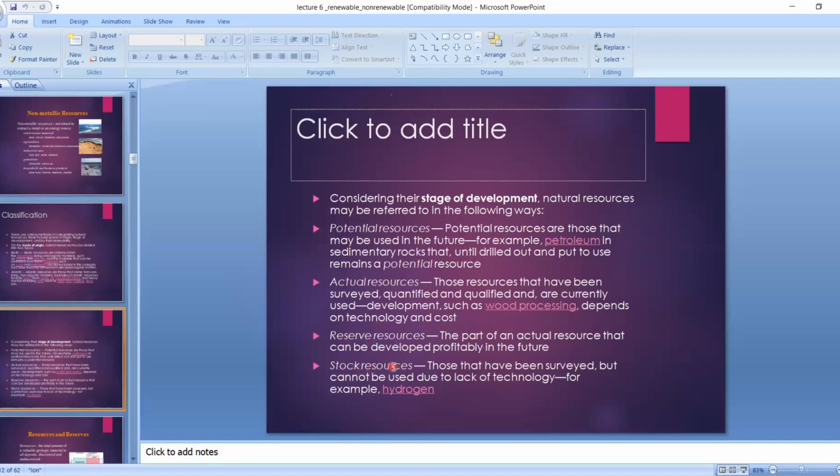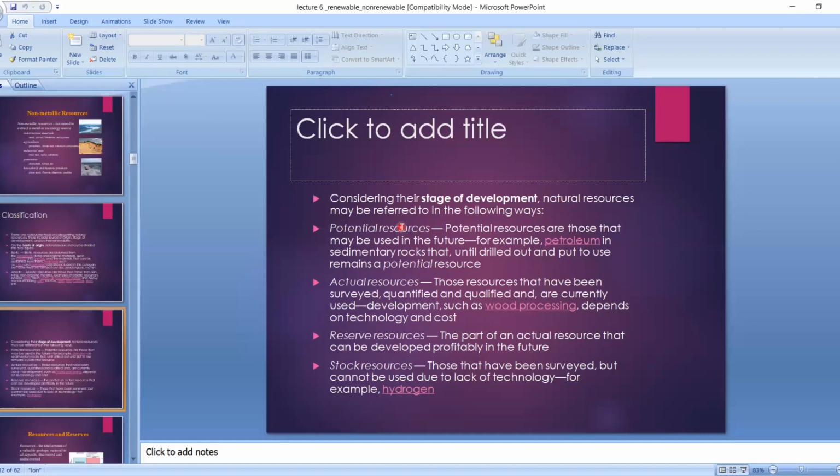So what does it mean by potential resource? Any resource which is present, we don't know yet where it is, but we know that it is present somewhere on the earth in some sedimentary rock. For example, petroleum, crude oil. You know that there is definitely some petroleum left anywhere in the world which has not been discovered yet.